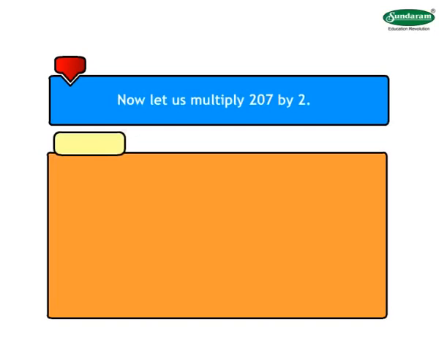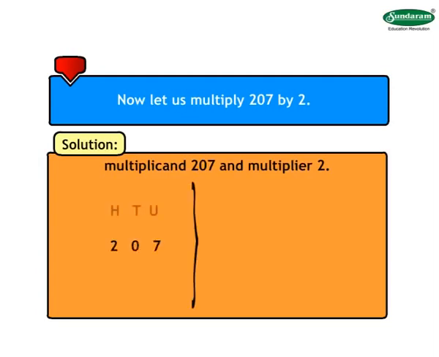Example 2. Now, let us multiply 207 by 2. Solution. Arrange the multiplicand 207 and multiplier 2. Put the multiplication sign, that is, cross sign, on the left.